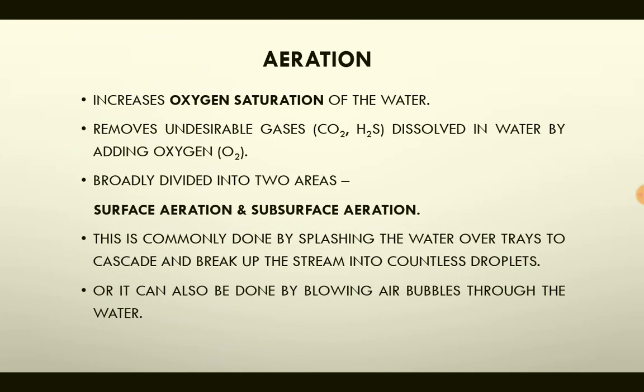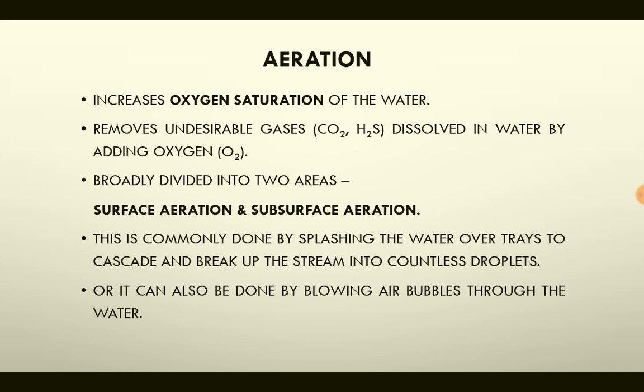Then is aeration. As the name itself implies, aeration is nothing but adding air into the water. This increases the oxygen saturation of the water and removes undesirable gases like carbon dioxide, hydrogen sulfide and ammonia dissolved in the water by adding oxygen. Broadly, aeration is divided into two areas, surface aeration and subsurface aeration.